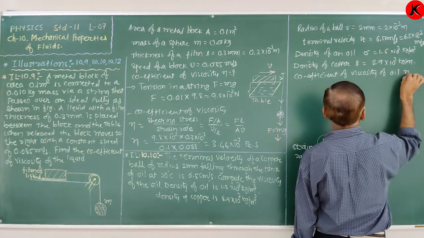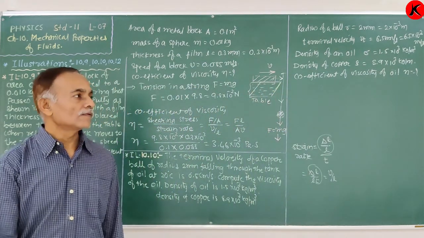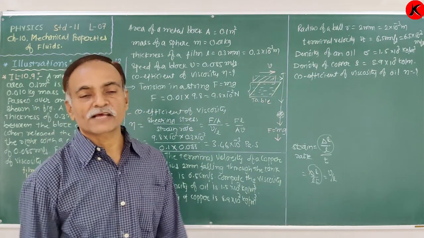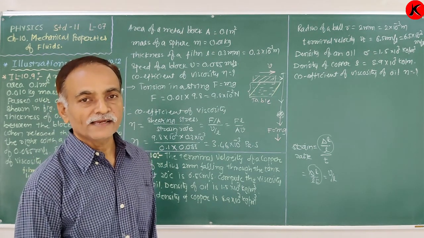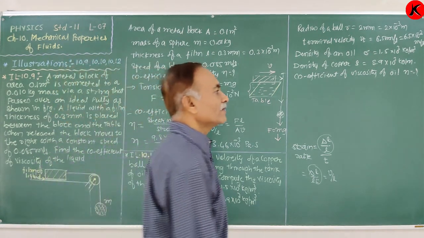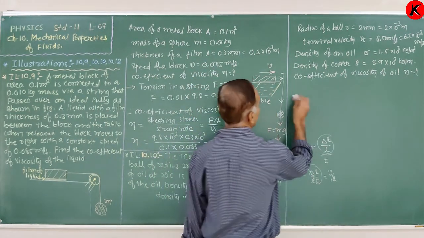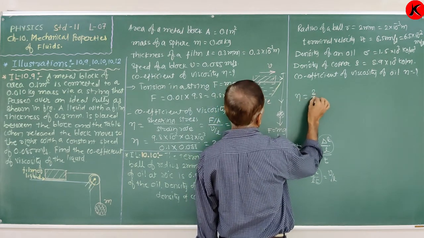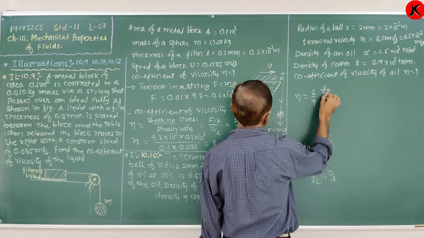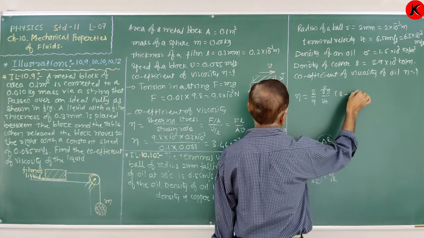We require this n. So we have the equation of the coefficient of viscosity on the basis of terminal velocity: n is equal to 2 by 9 r square g upon Vt, into rho minus sigma.